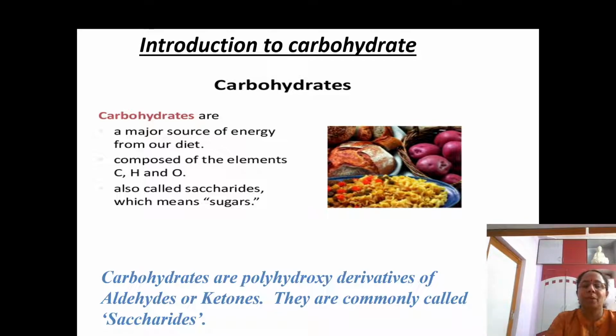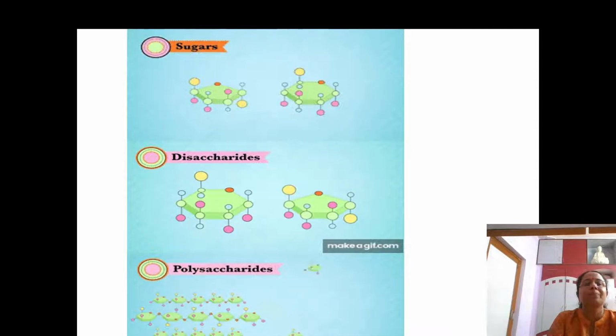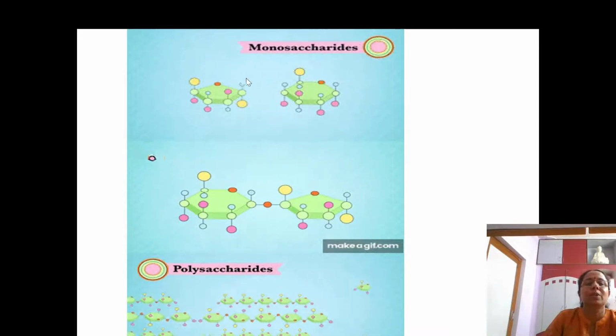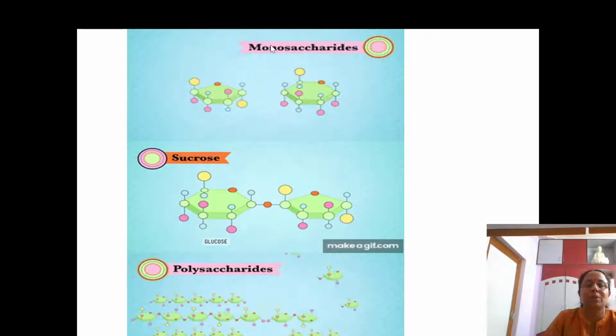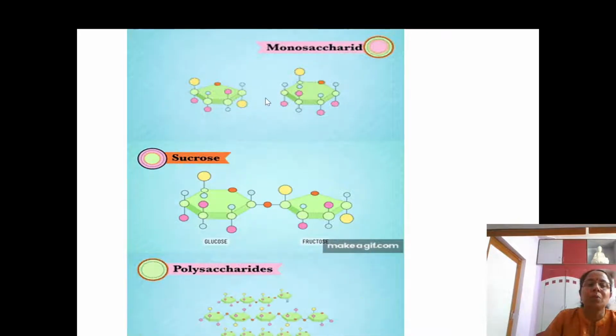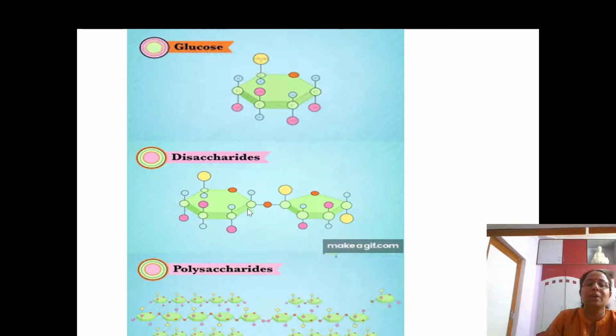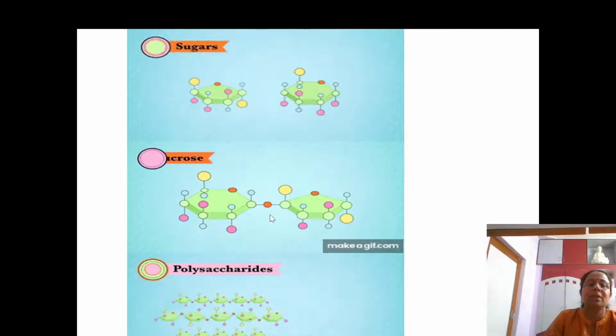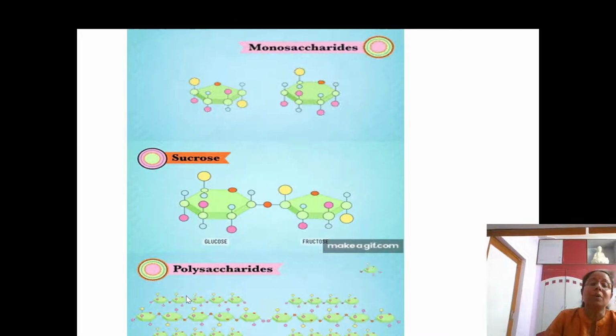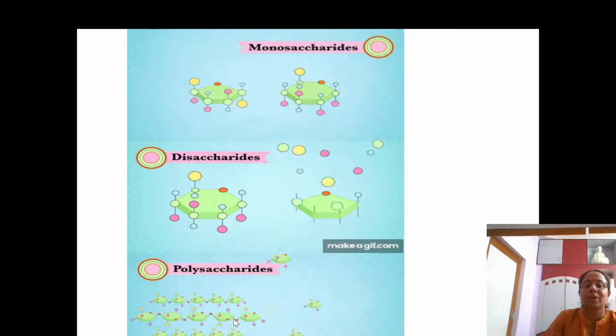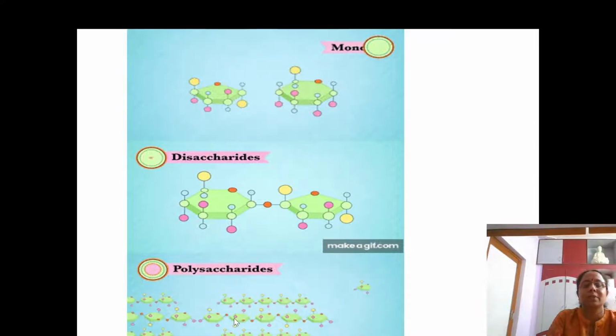Carbohydrates are polyhydroxy derivatives of aldehydes or ketones. Now, see, this is a simple unit of sugar. We call it a monosaccharide. When two monosaccharides combine together, we get disaccharides. When a large number of monosaccharides combine together, what we get is a polysaccharide.